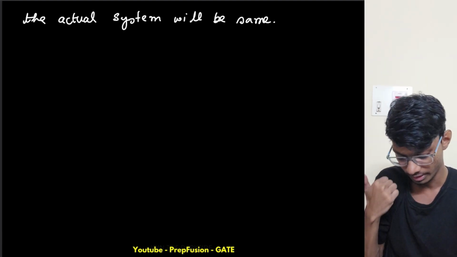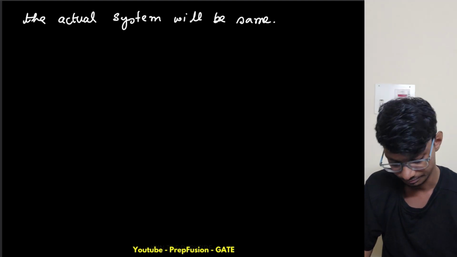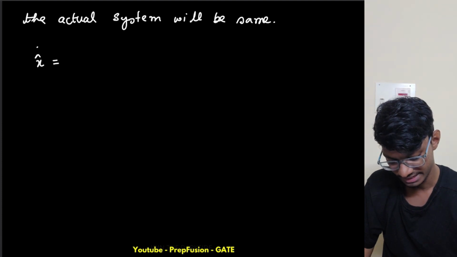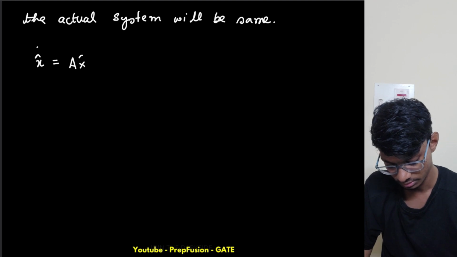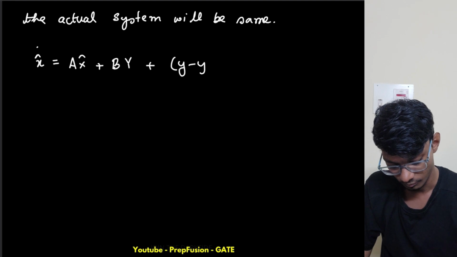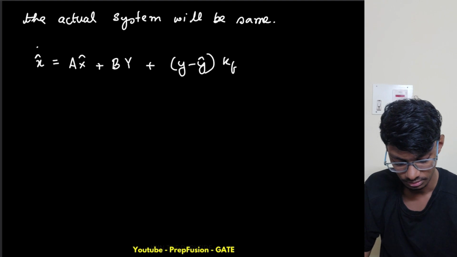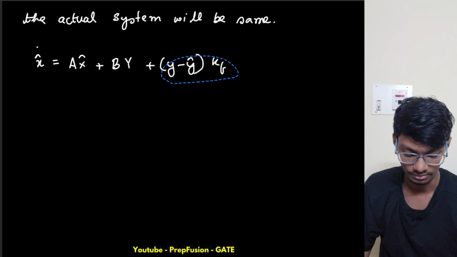I will change this, so I can write my x hat dot as A x hat plus B u, plus K f times y minus y hat. Yes, we will understand why this y minus y hat comes.